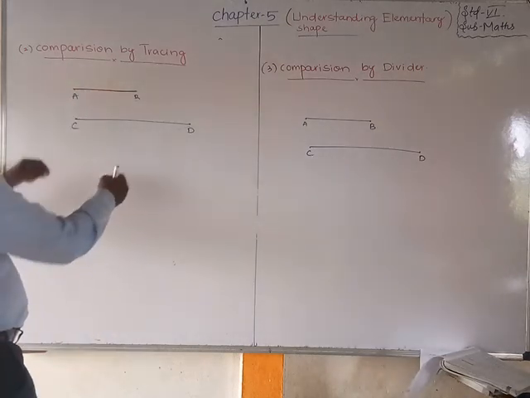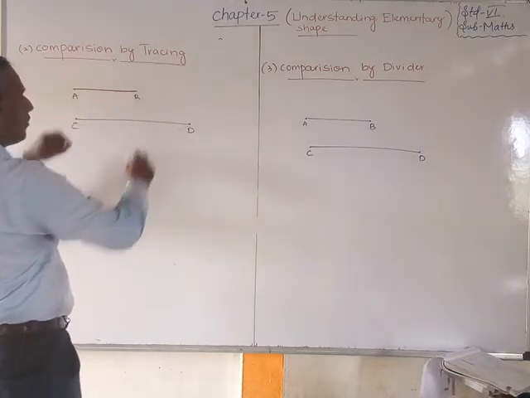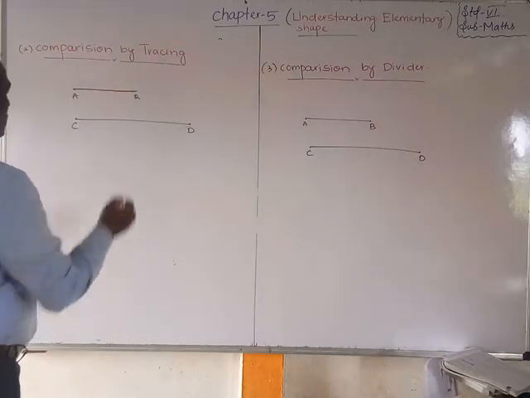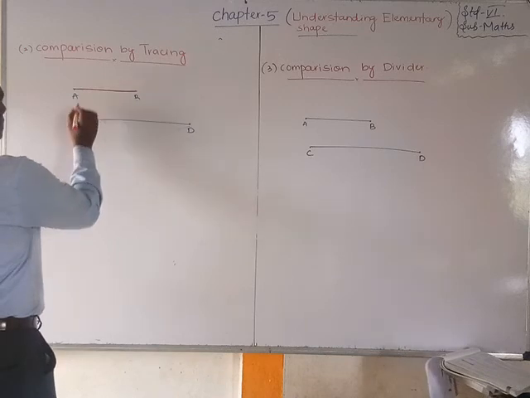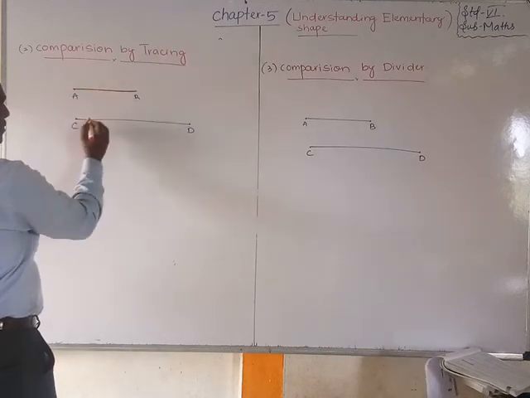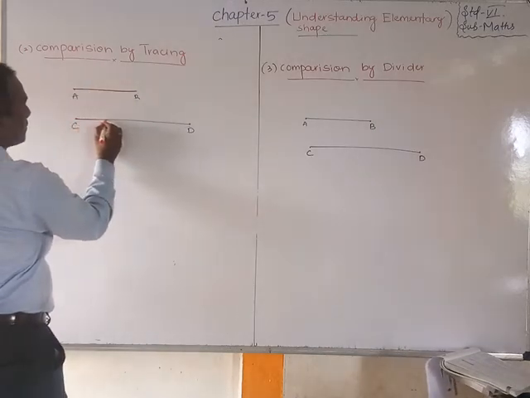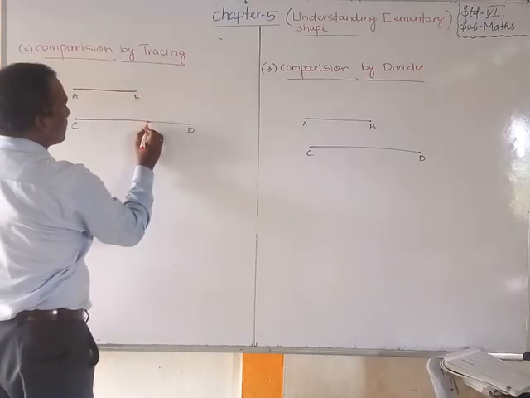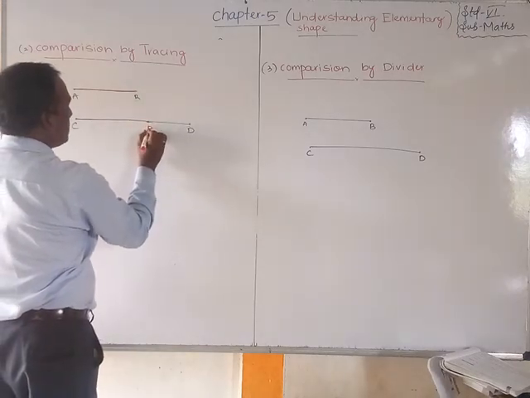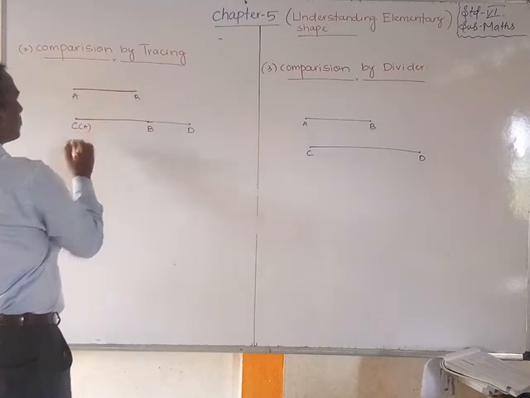Tracing means we have to keep one line segment on another. Suppose we keep this line segment on this one, it will come up to here, this is B, and we can write A here. So this length is covered.